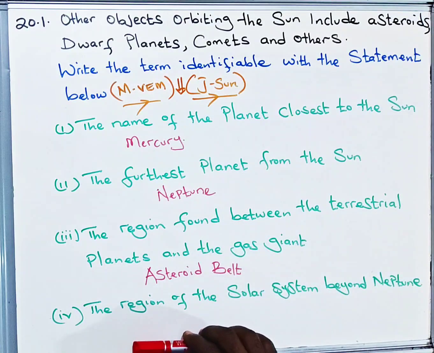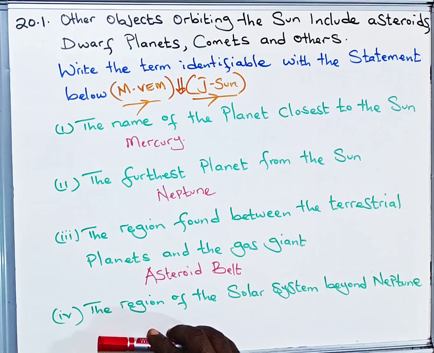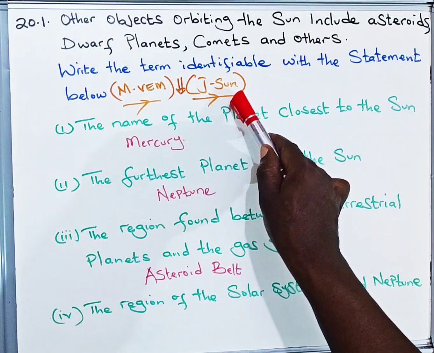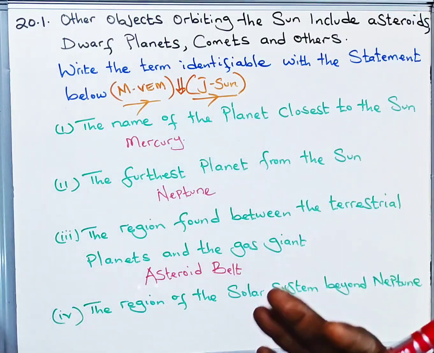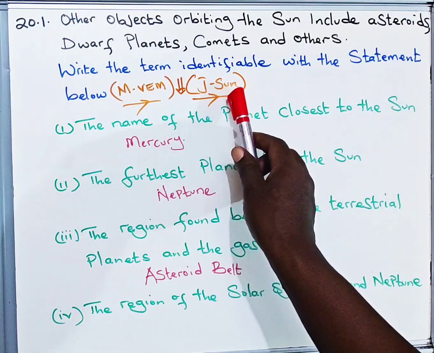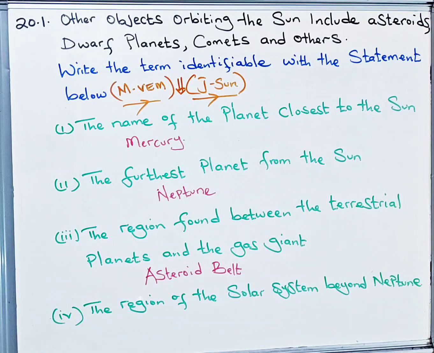Then comes this question. It says the region of the solar system beyond Neptune. Remember, Neptune is our last planet so far, because we don't know whether there are more planets which will be discovered, but from the current information, Neptune is the farthest planet we have.